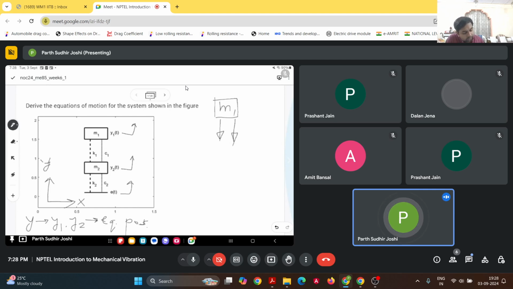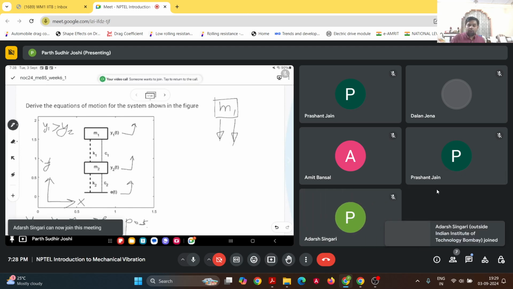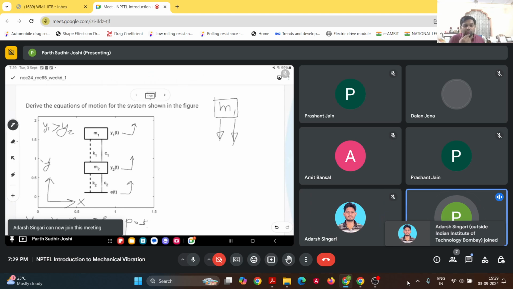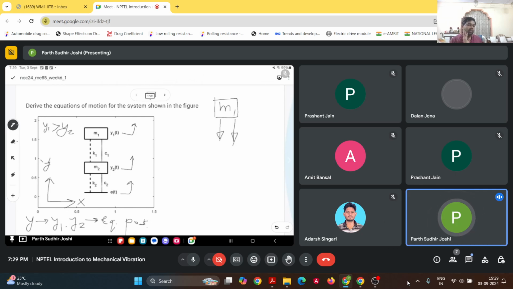Let us assume for the time being that y1 is greater than y2. This is just an assumption, so that we can expect the spring k1 to be in tension. The spring force in the k1 spring will be tensile in nature.